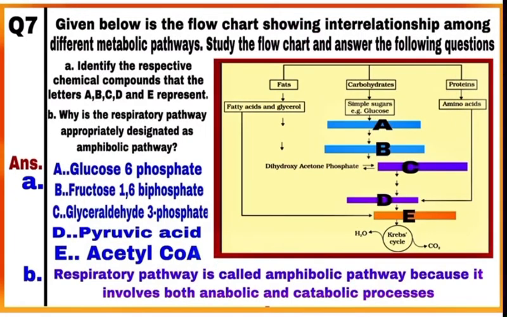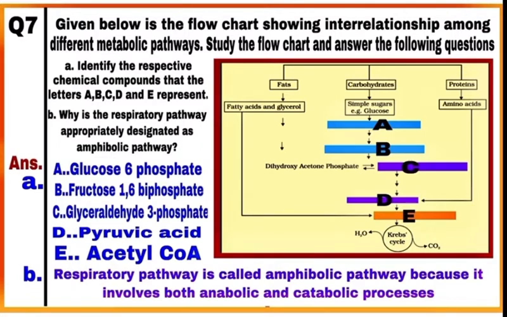Question 7. यहाँ फ्लो चार्ट में डिफरेंट मेटाबॉलिक पाथवेज में इंटररिलेशनशिप शो किया गया है. स्टडी द फ्लो चार्ट एंड आंसर द फॉलोइंग क्वेश्चंस. Part A. Identify the respective chemical compounds that letters A, B, C, D and E represent.